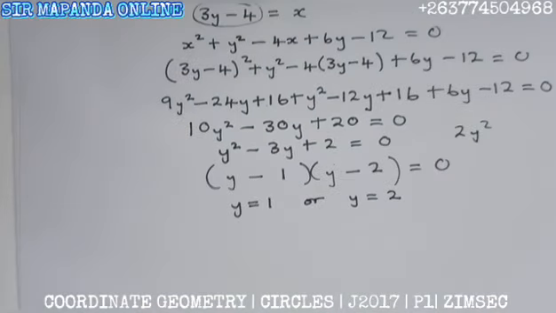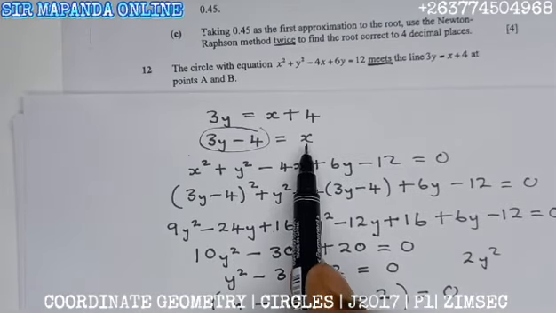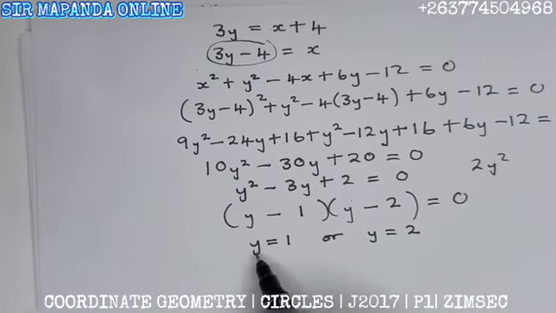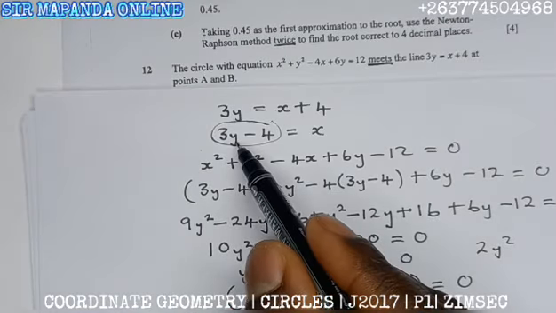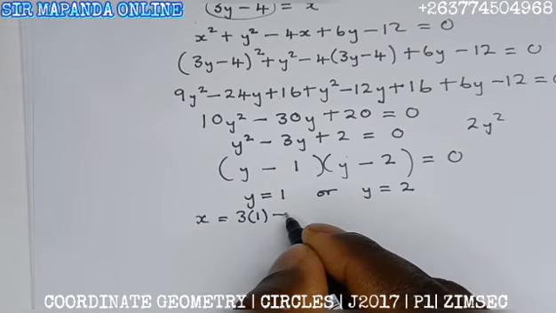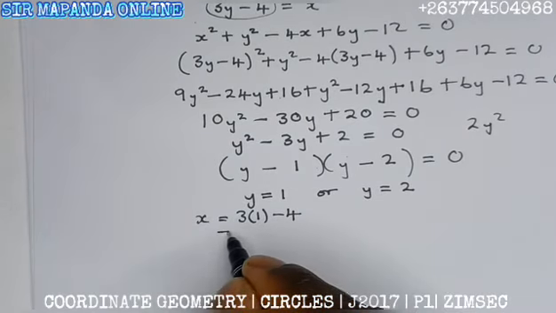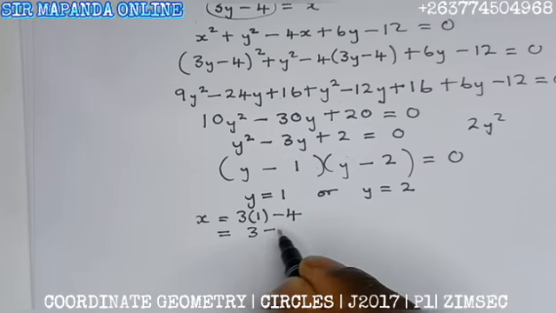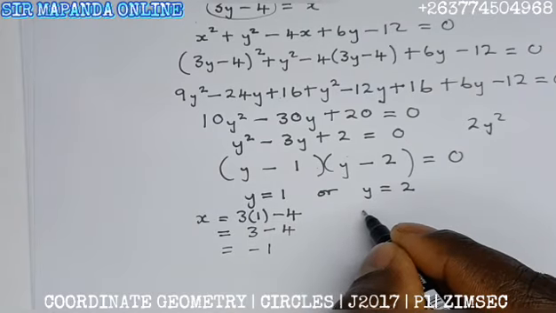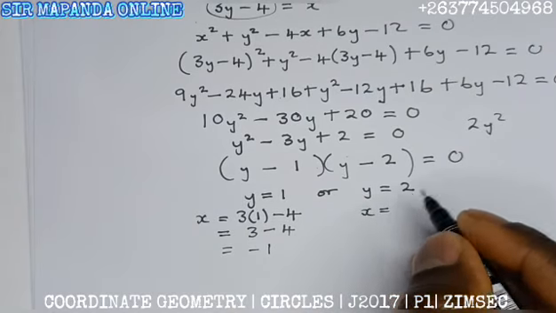Then you go back to the stage where you made x the subject of the formula. So you are saying when y is 1, x is equals to 3, open bracket, then you put 1 on y, less 4. 3 times 1 is 3. 3 minus 4, you get minus 1. You do the same to find the value of x when y is 2.